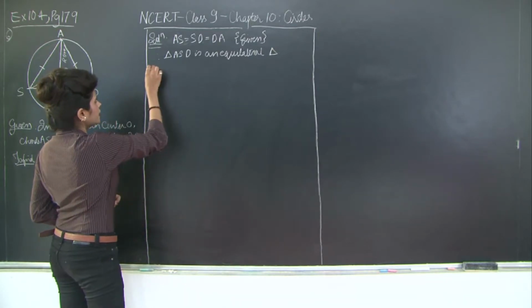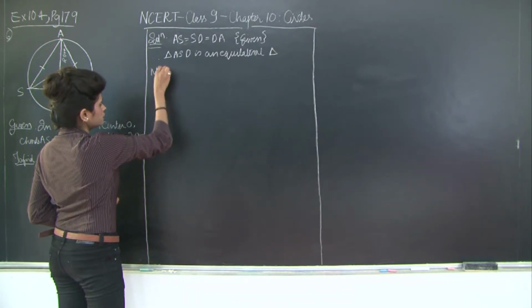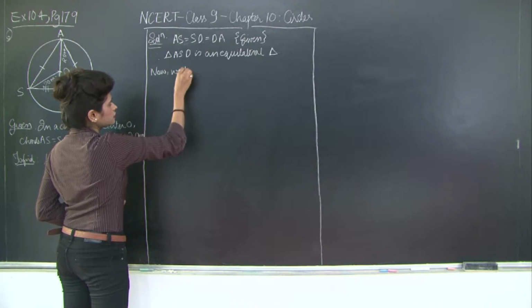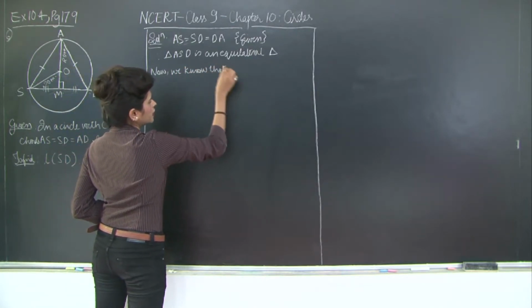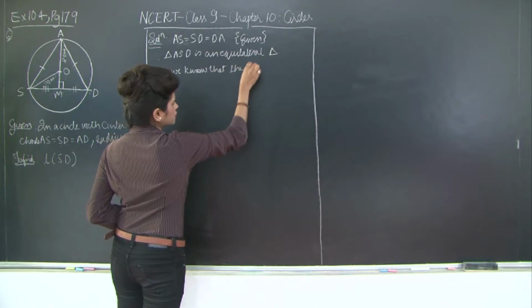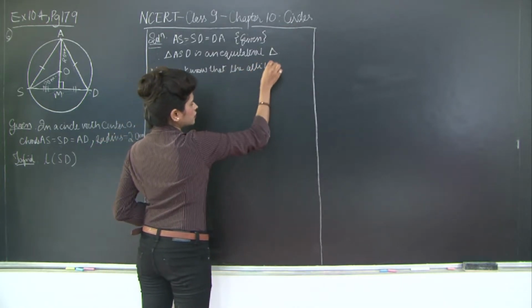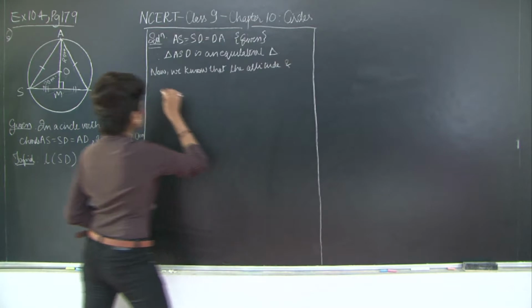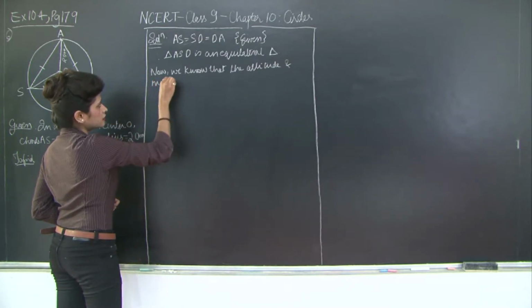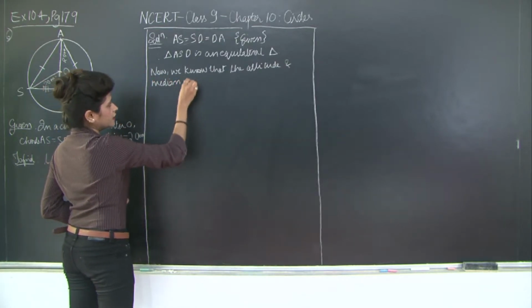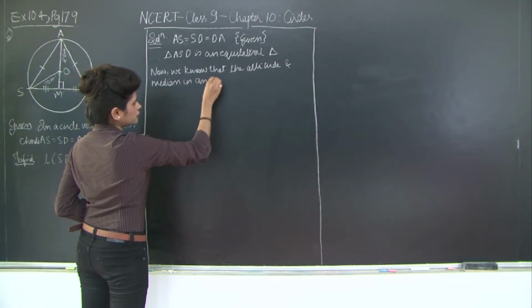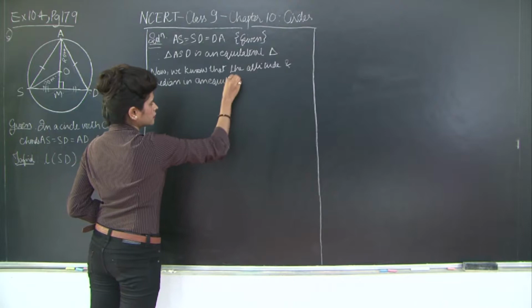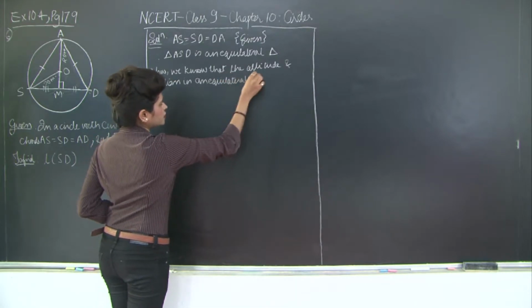Right? Now, we know that the altitude and median in an equilateral triangle coincide.